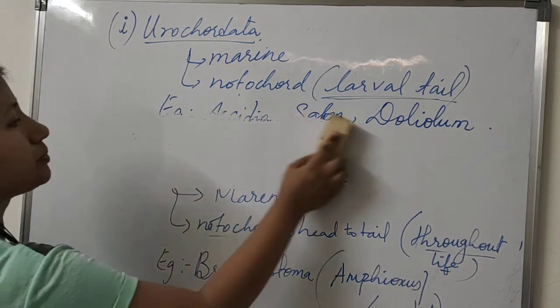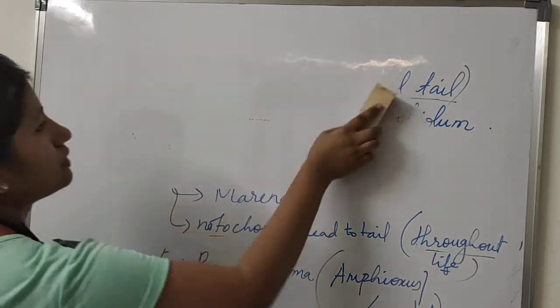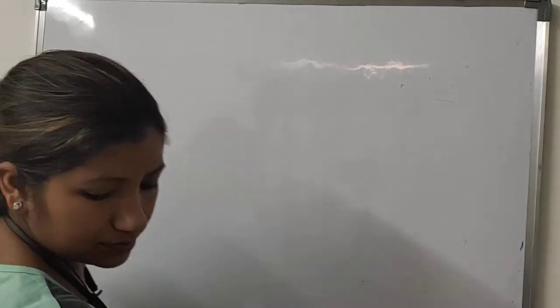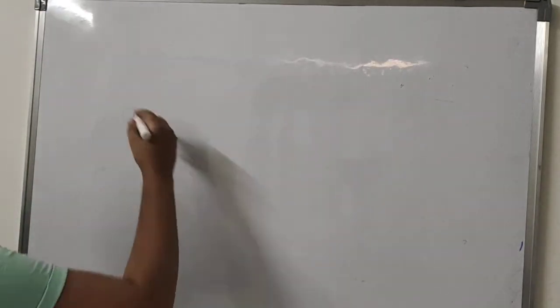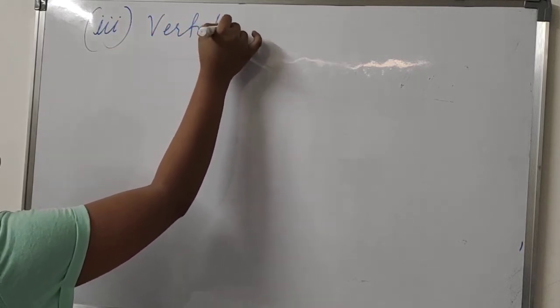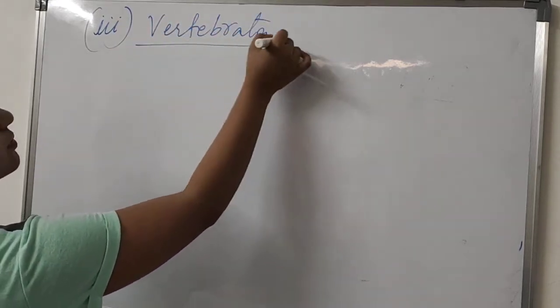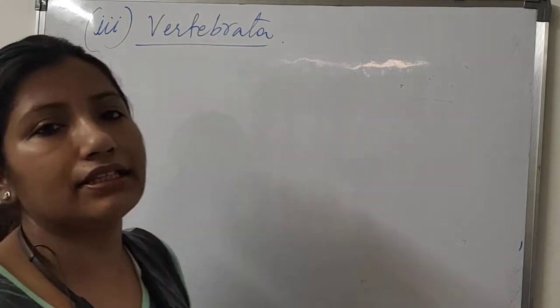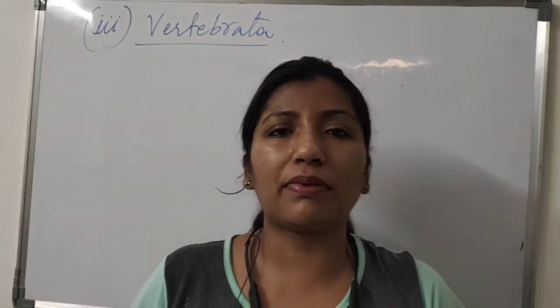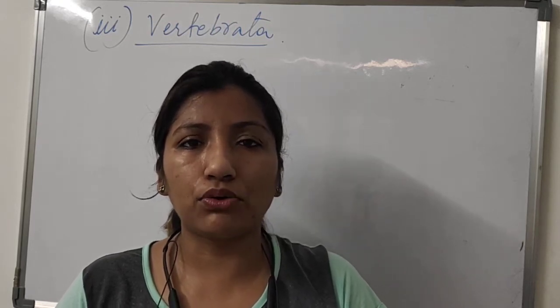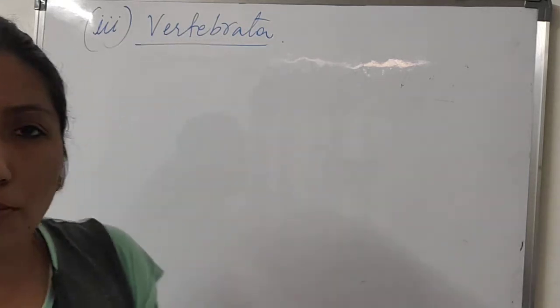Now we'll come to Vertebrata, the last one. In Vertebrata, the notochord is present in the embryonic stage, and this notochord gets replaced by a stronger and more durable cartilaginous or bony vertebral column.